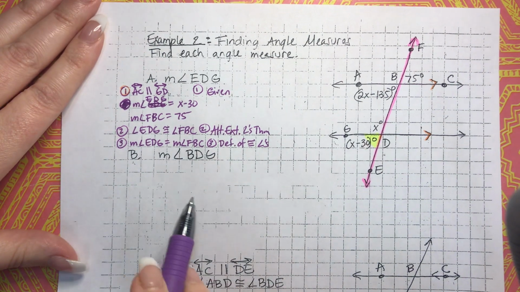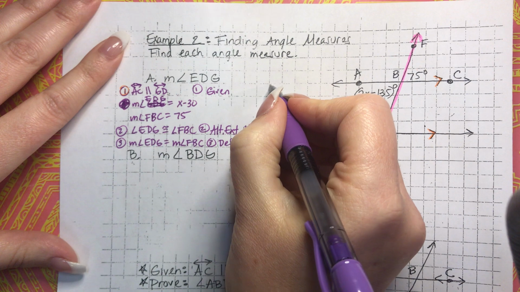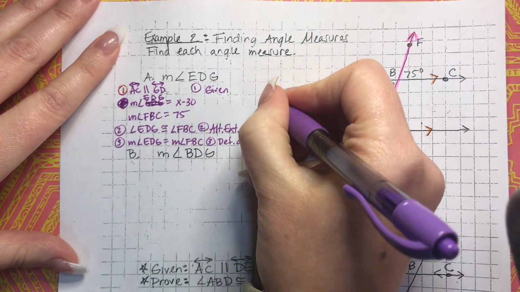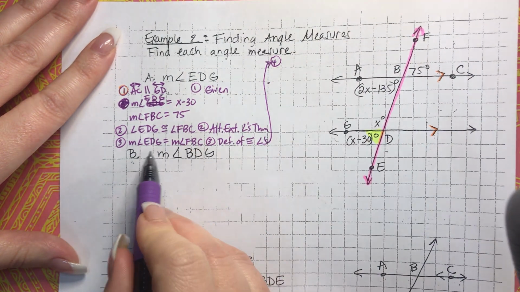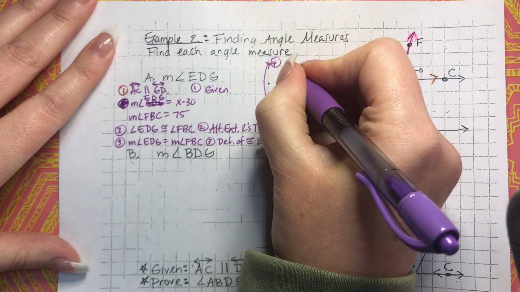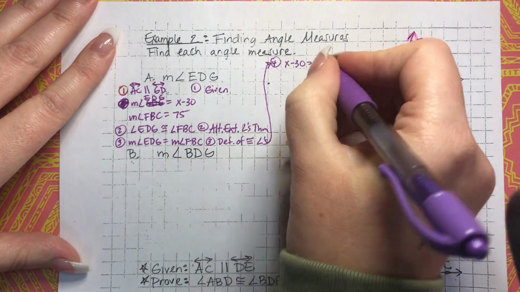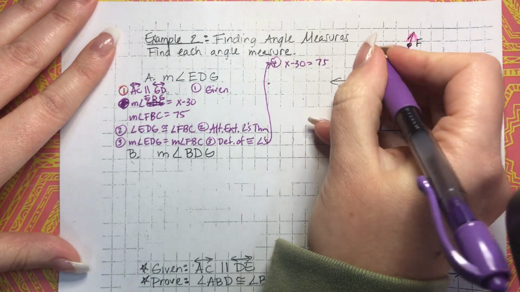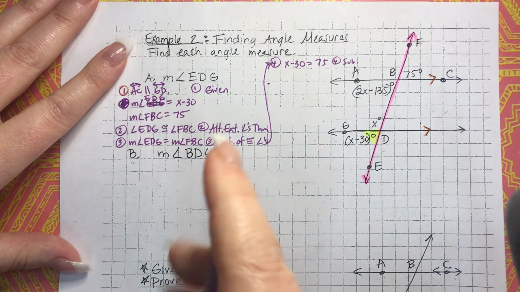Now we just substitute those values in. So EDG is x minus 30 equals FBC, which is 75. And that is substitution.